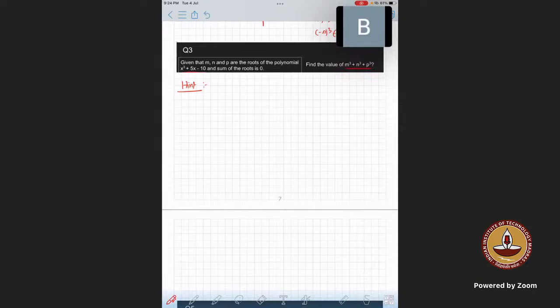Look, given m, n, p are roots. That means m cube plus 5m minus 10 equals 0, n cube plus 5n minus 10 equals 0, and p cube plus 5p minus 10 equals 0.